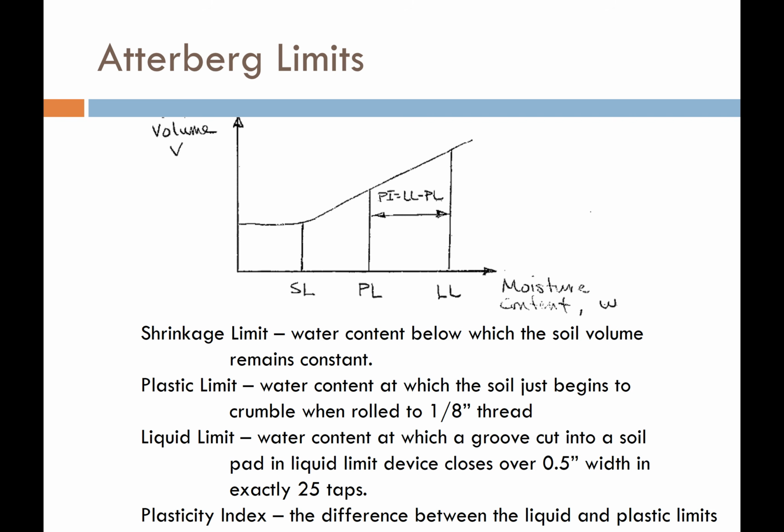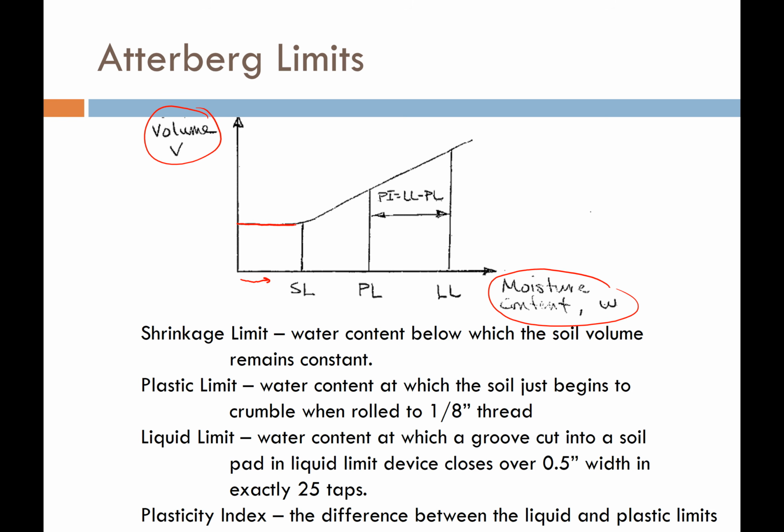So the Atterberg limits basically work like this, where if I plot on the y-axis soil volume and on the x-axis moisture content, what we see is that if I start adding a little bit of moisture to the soil, there's going to be a portion where we don't see really any change in the volume.